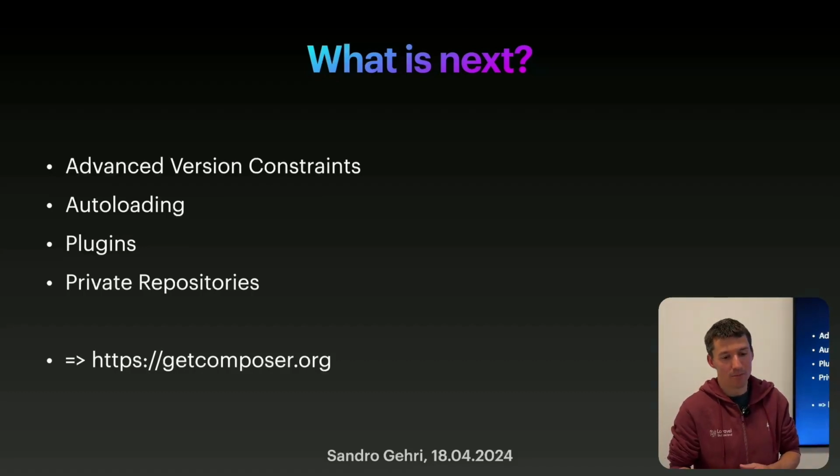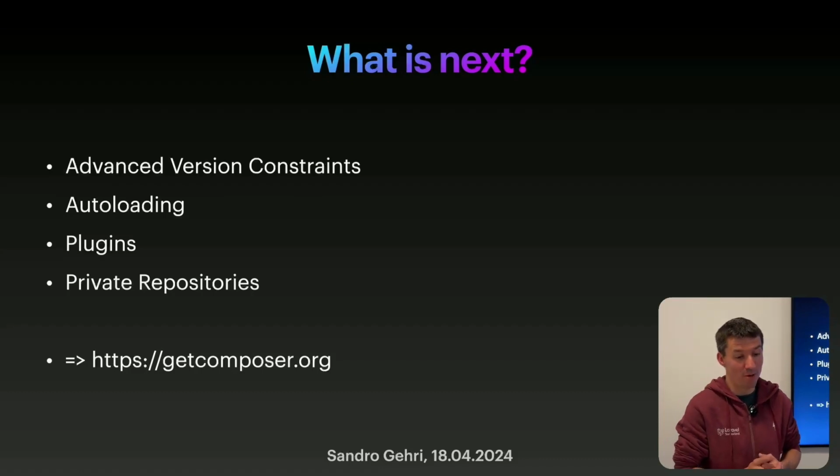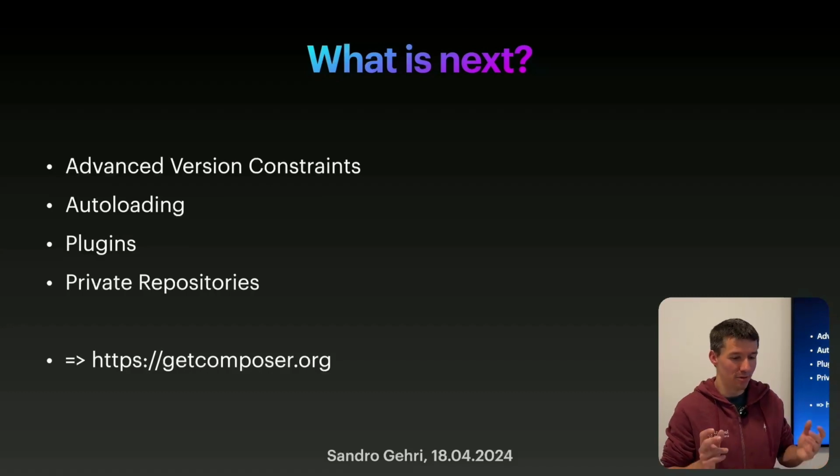So my fork from before was open for everybody to use, but in a company, maybe you have packages that you don't want to share with the public, so you can specify private repositories with different authentication schemes. You don't have to use GitHub. You can use Bitbucket or GitLab or whatever version control you like.